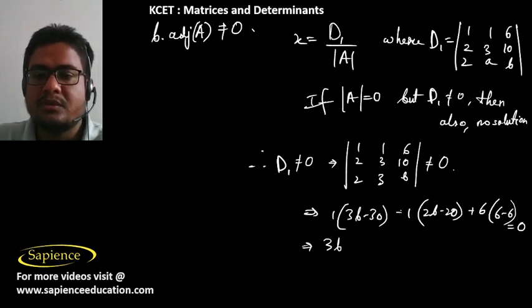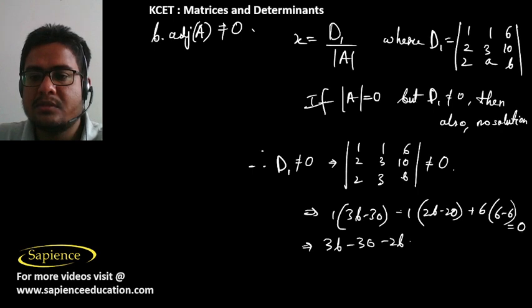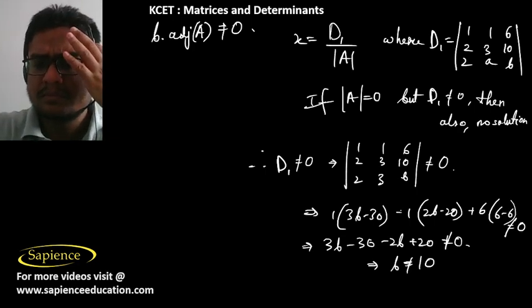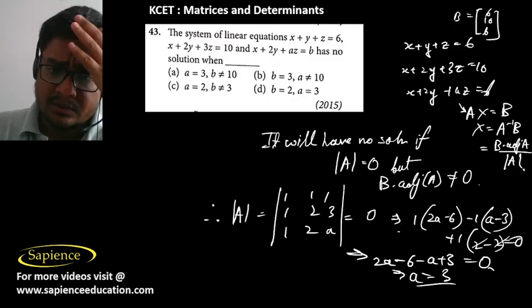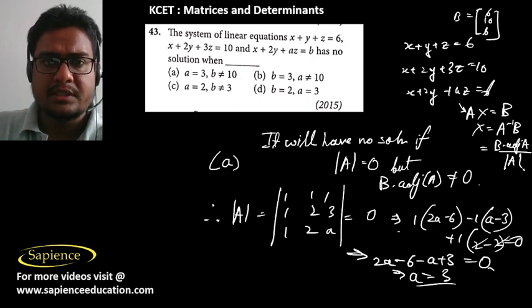So this should be 3b minus 30 minus 2b plus 20, so this will be b minus 10, not equal to 0, means b should not be equal to 10. A is equal to 3 and b should not be 10. So option A is the correct answer.